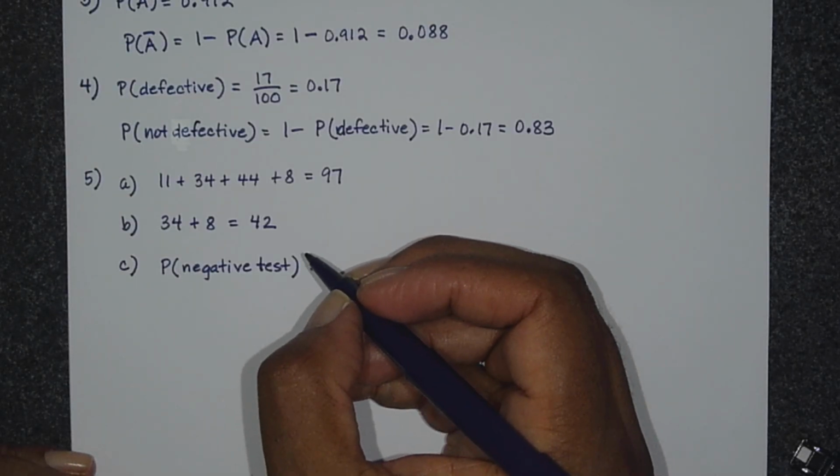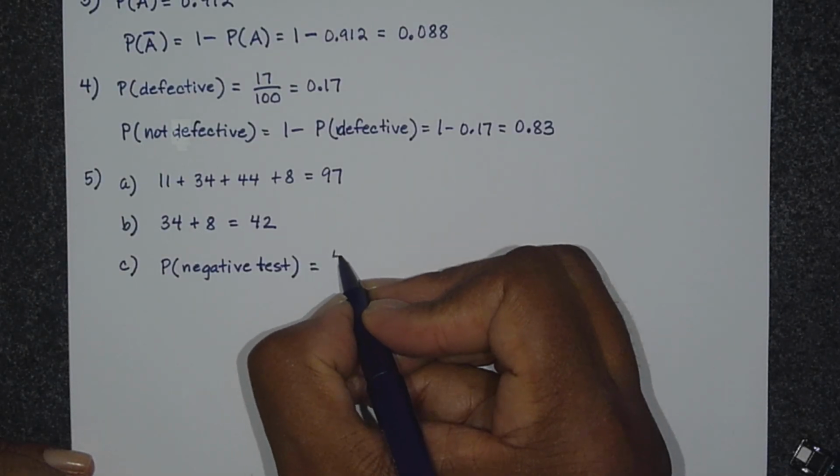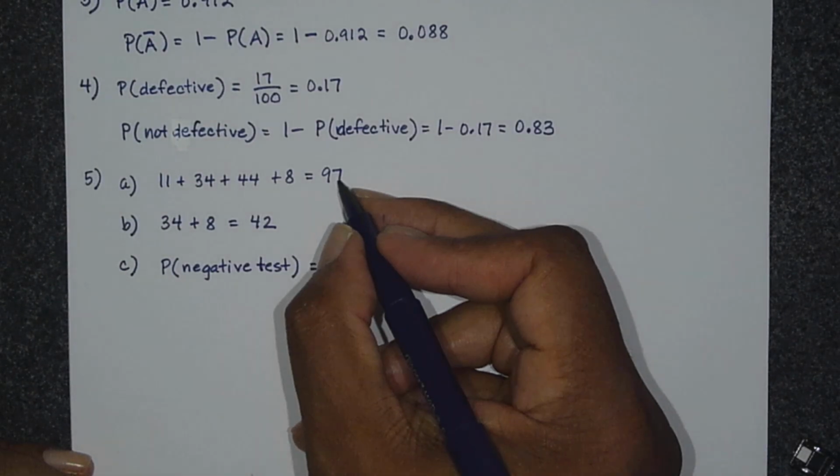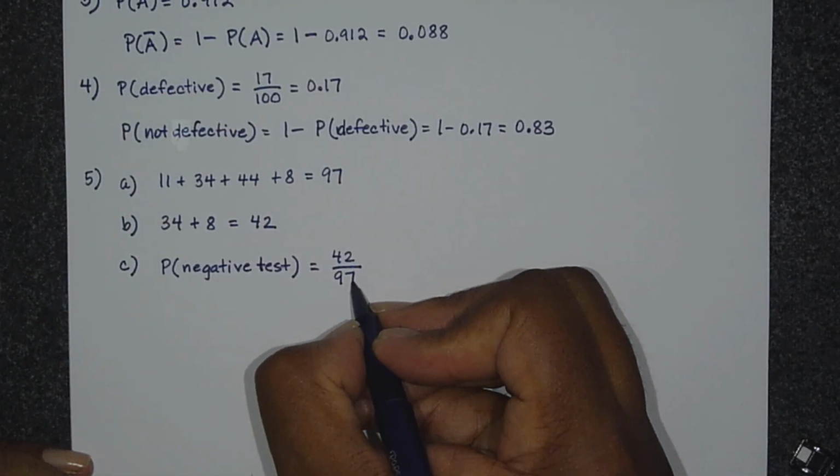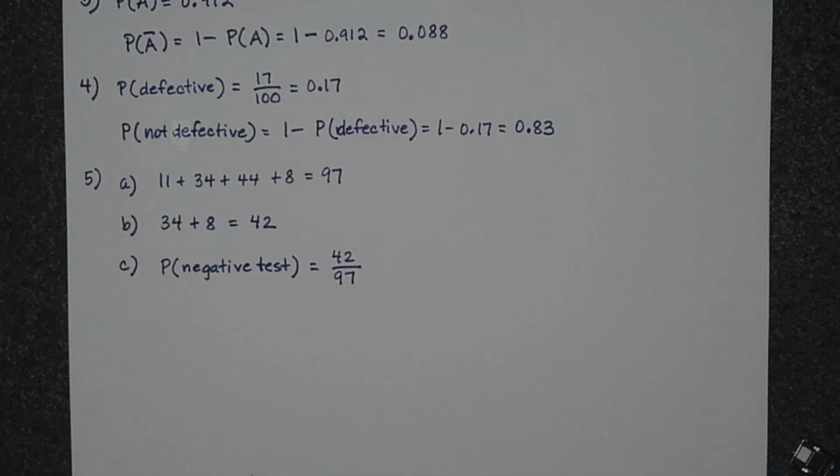Well, how many negative tests were there? 42. Out of the grand total of 97. And we'll just leave it as a fraction, 42 over 97. Okay?